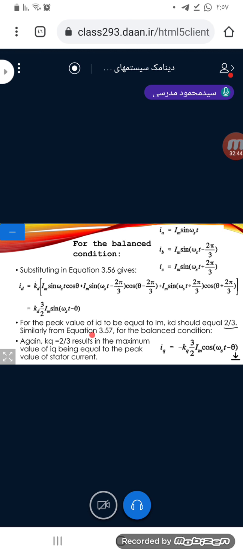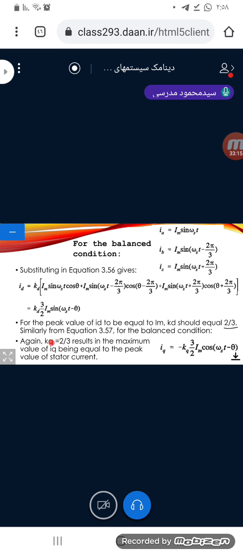Similarly, for equation 3.57, for the balanced condition, we have IQ equal to minus KQ multiplied by 3 divided by 2 multiplied by IM multiplied by cosine omega S T minus theta.